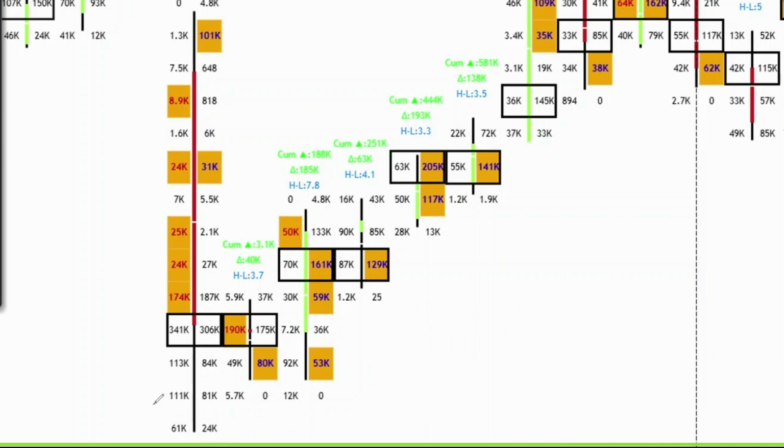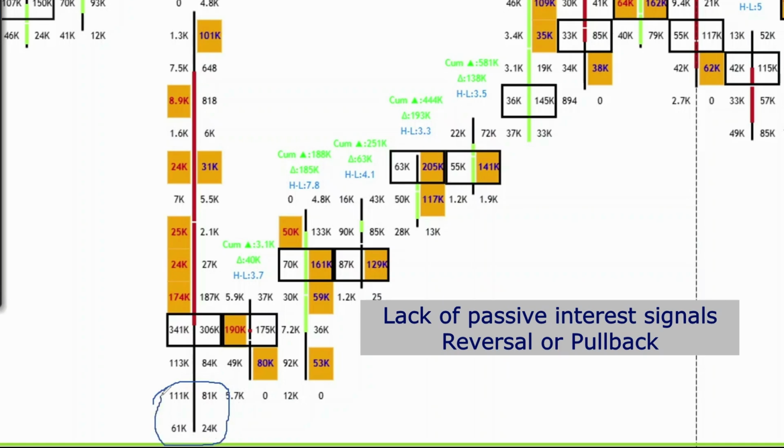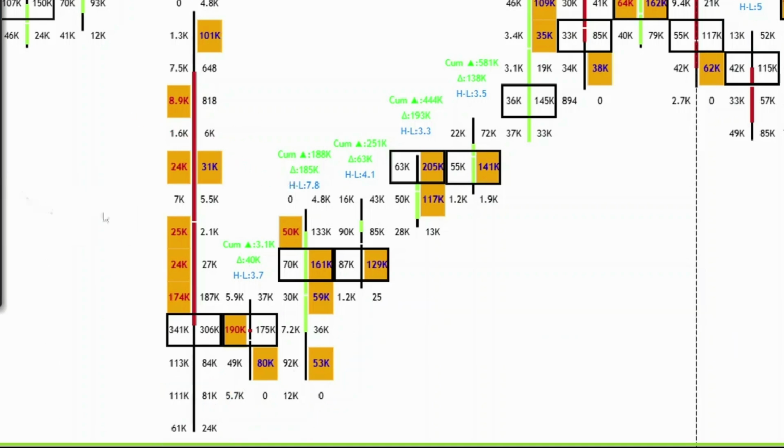So when you see unequal volume from aggressive and passive, you know passive sellers are not as interested as the aggressive people. There is a high possibility into the day there could be a total reversal or a deep pullback.